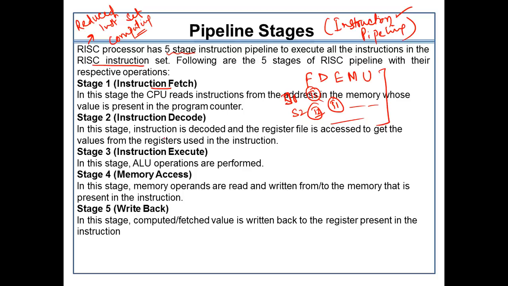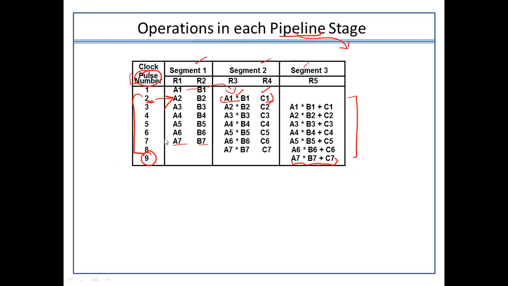As I was explaining in the previous slides, first of all fetching will be done in segment number 1. Once the fetching is done, it will go to the next segment to decode the data, then to the next segment to execute the data for instruction number 1. As soon as fetching is done, in the second clock the second instruction's fetching will be done.